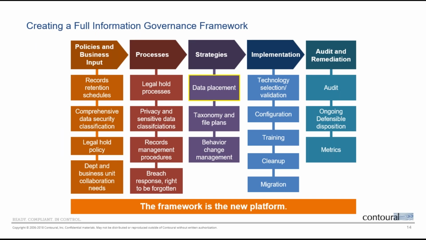So we're talking about one small piece of a full information governance framework, and I'm not going to try to describe all of this. I'm just going to describe where we're at. There are a set of policies. We talked about those. There are a set of processes the company has already started or needs to put in place in order to be successful. Where data placement as an exercise comes in is in the strategy scenario.